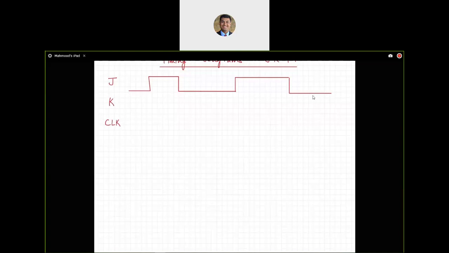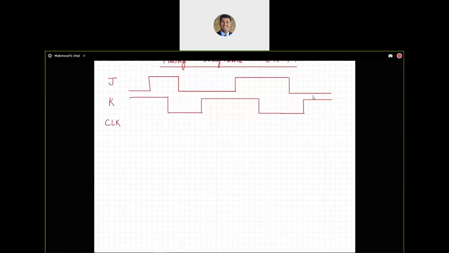X-axis is time. Similarly, I will also try to sketch something for K. So I'll start with, for example, 1. I will go to 0 here. Then I will go there. Another possibility for K.